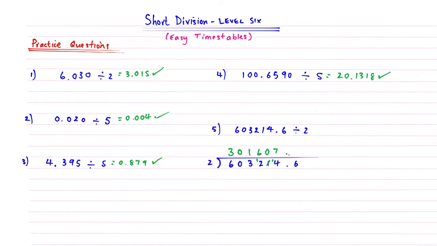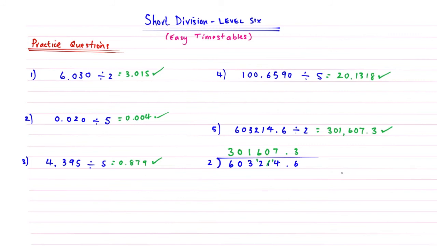Copy the decimal point, and then 2's into 6 go 3 times. So the answer to number 5 is 301,607.3. And I bet you didn't think you could work out decimal answers to sums using a written method. So well done on those.